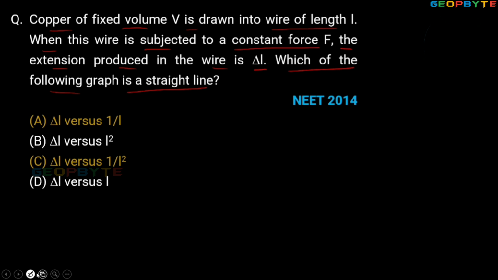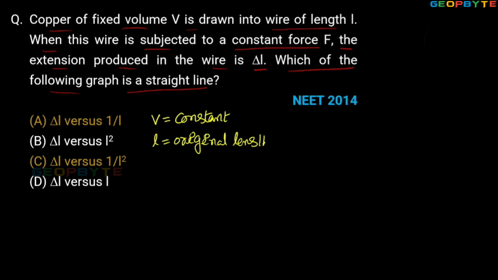It is given that volume is remaining constant, and it is having the length L. Change in length is delta L. That means L equals original length, delta L equals change in length, and force is remaining constant.